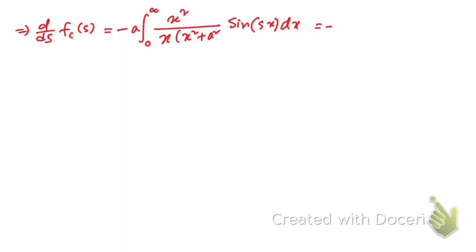So let me write this one a square here. A square. So this is bracket. So now what we're going to do, we can write plus a square, then again we can subtract minus a square. Then again if you cancel these two, then again you're going to get this result, right?